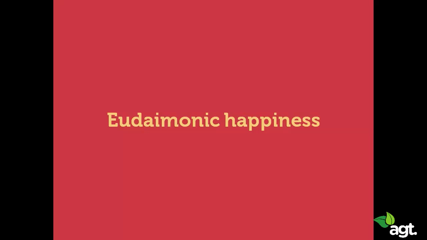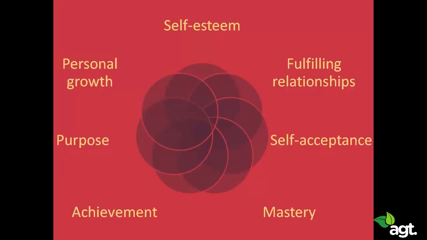True happiness is living in accordance with one's true nature. It has a much wider definition and encompasses all of these areas: self-esteem, or having fulfilling relationships, accepting oneself, and mastering one's environment. Achieving, and so this definition of happiness also includes what we think success means to us. Also, having a higher meaning, a higher purpose in our lives. And last but not least, personal growth.